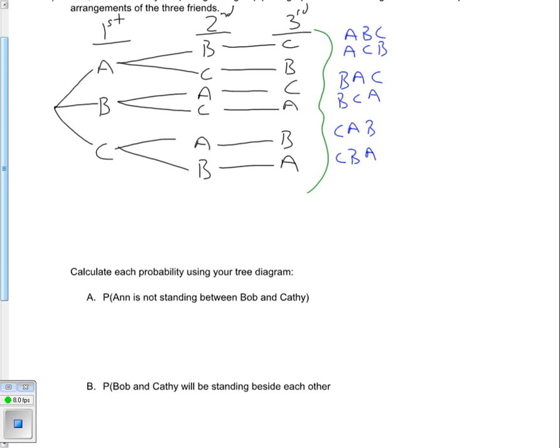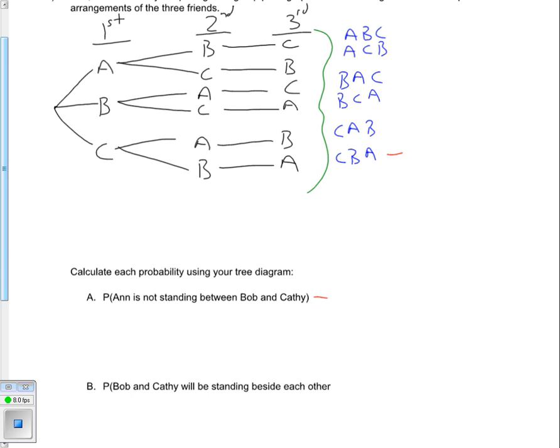Let's figure that out, and we're going to do this with a red line. We're looking for a B and a C side by side. Anne cannot be in between. She can't be standing in the middle. So we're looking for situations where B and C are side by side.